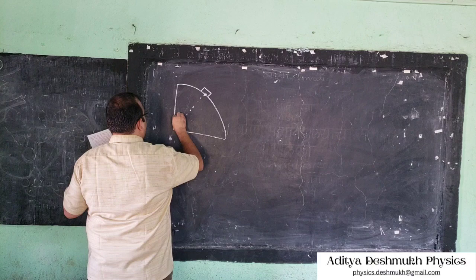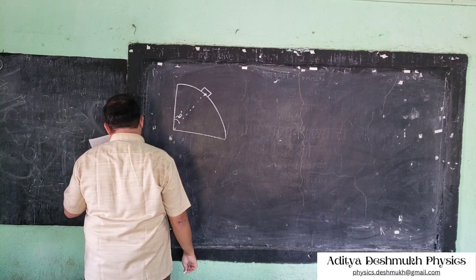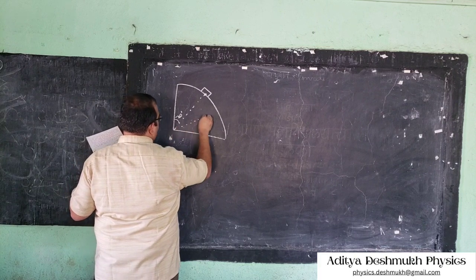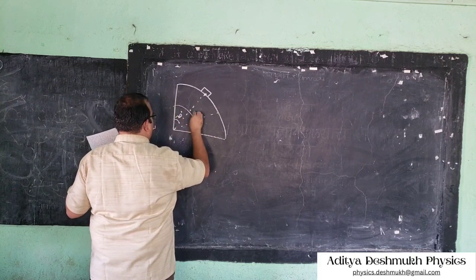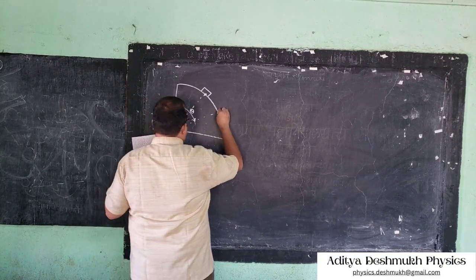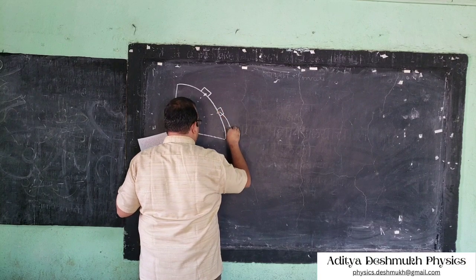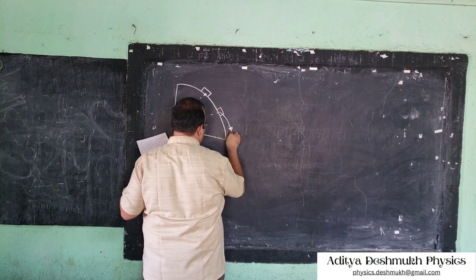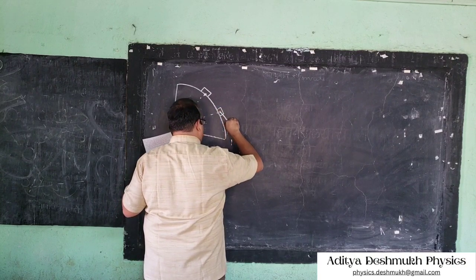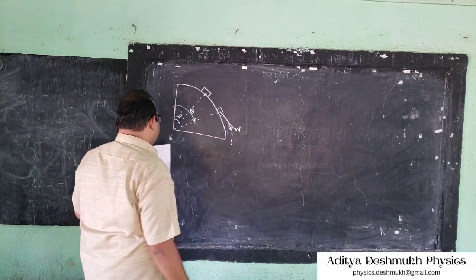the initial position of my block is 30 degrees with the vertical, and let's assume at some angle theta, the box releases its contact from the sphere.